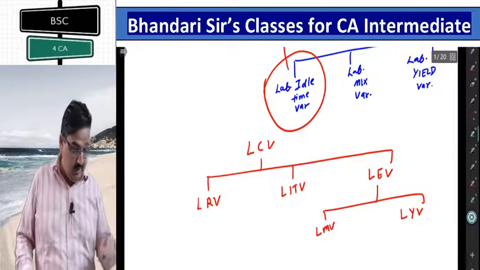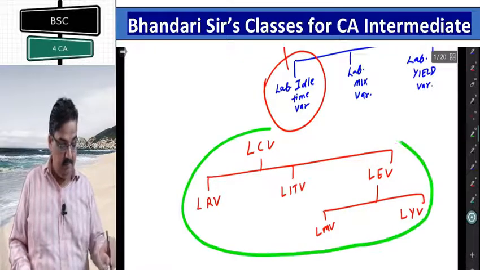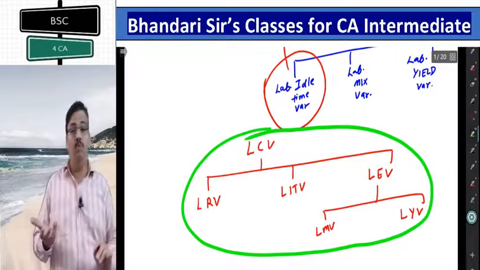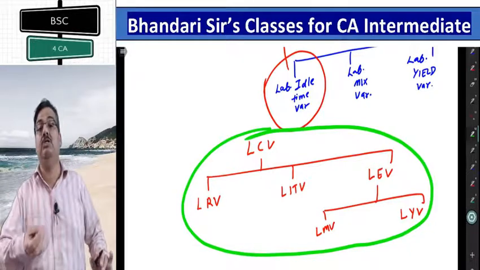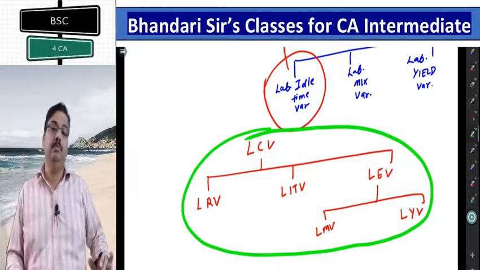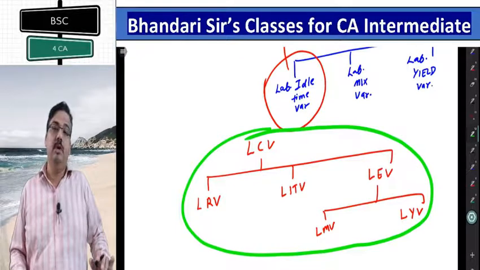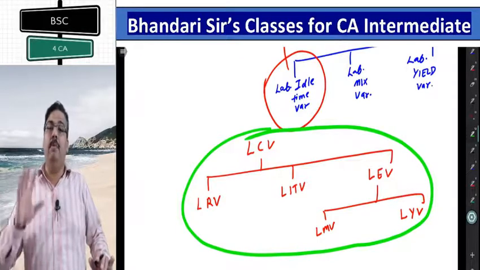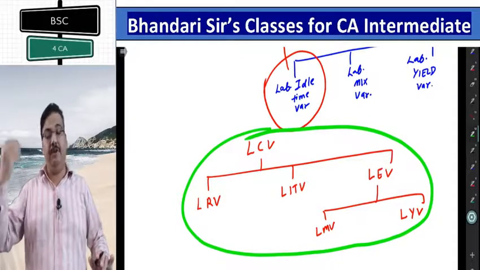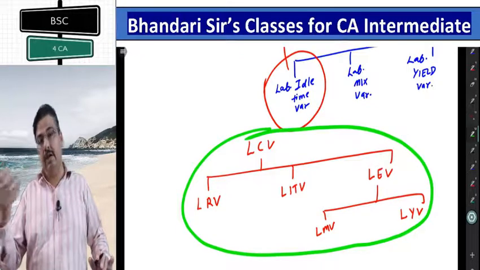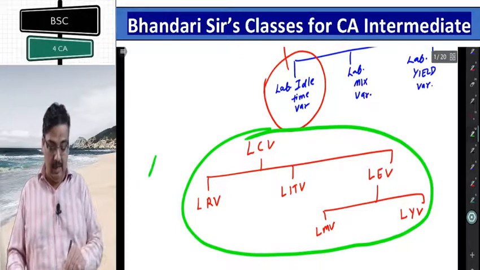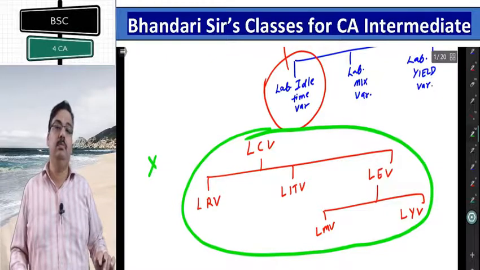Now the question arises, when you are sitting in the exam, how do you know whether the examiner wants the first classification or the second classification? Very simple. If the question says compute all labor variances, apply the first category only, what you have done till date. Don't think about this at all in that case.